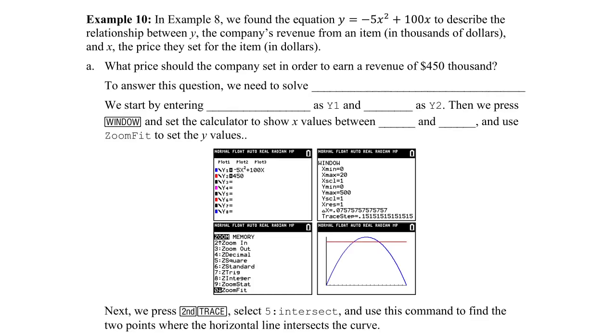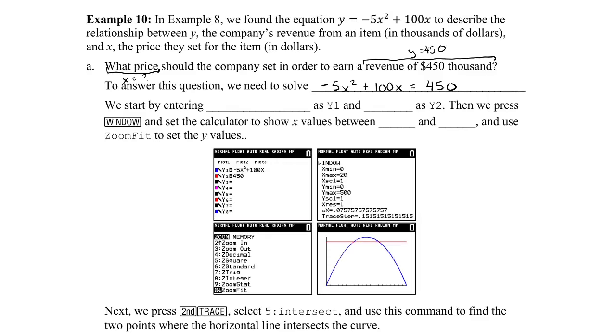We need to solve negative 5x squared plus 100x equals 450 to find out what price, so what is x, to earn a revenue of 450. So y is 450.